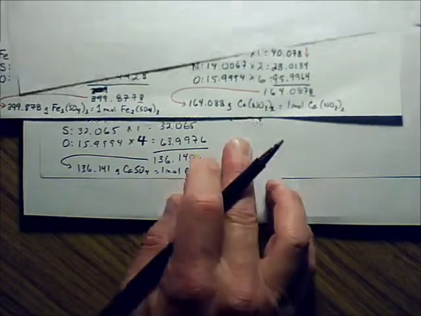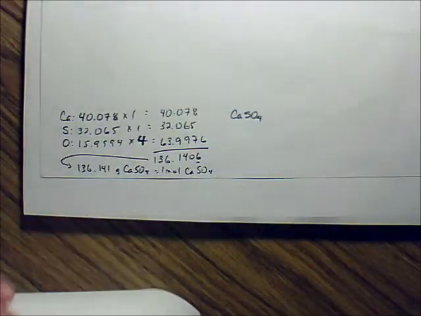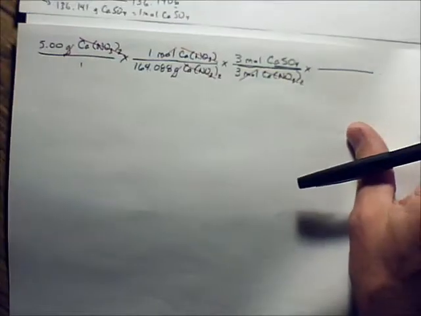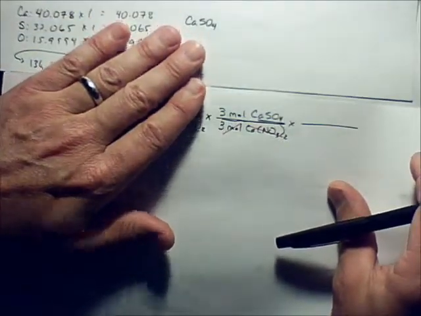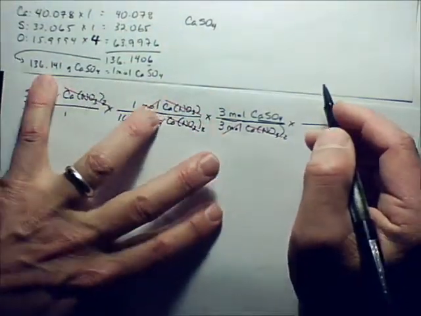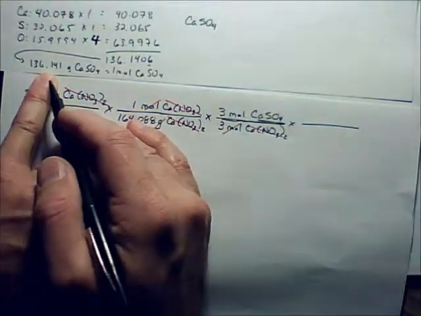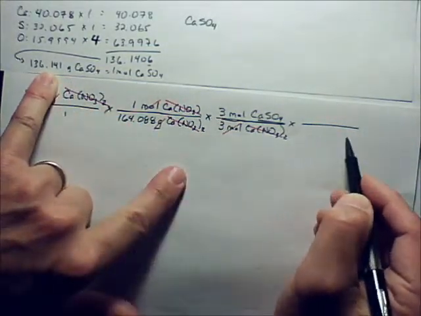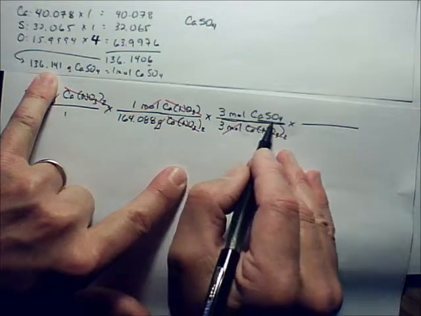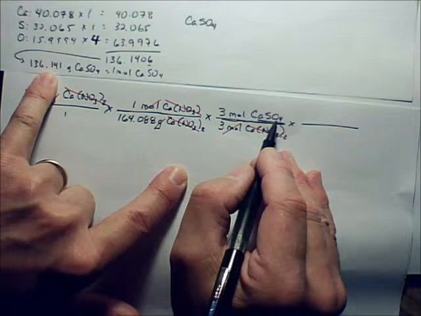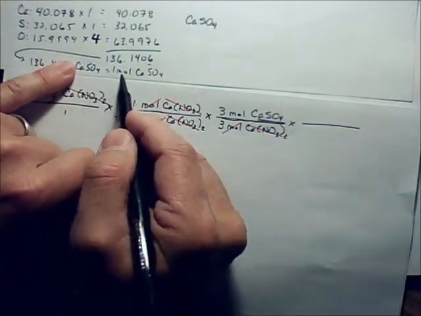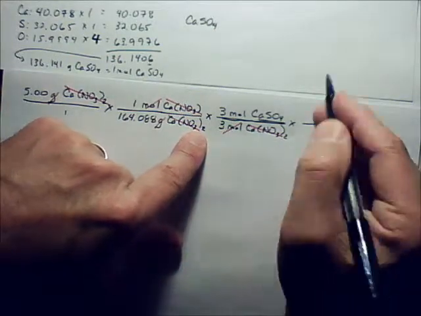All right, now that we have that molar mass, I'll put it right here. We've got a molar mass of 136.141 grams, but that doesn't go on top. I want to match the units and species of the preceding part of the problem, so I'm going to put this side of the equality statement on the bottom: 136.141 grams calcium sulfate.